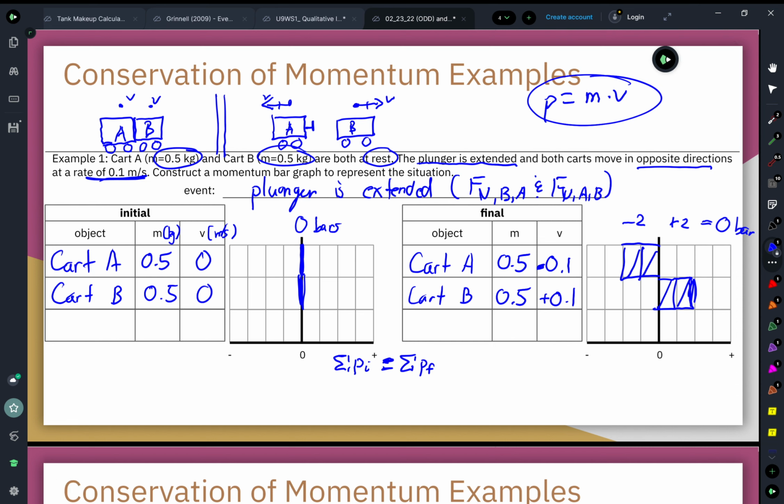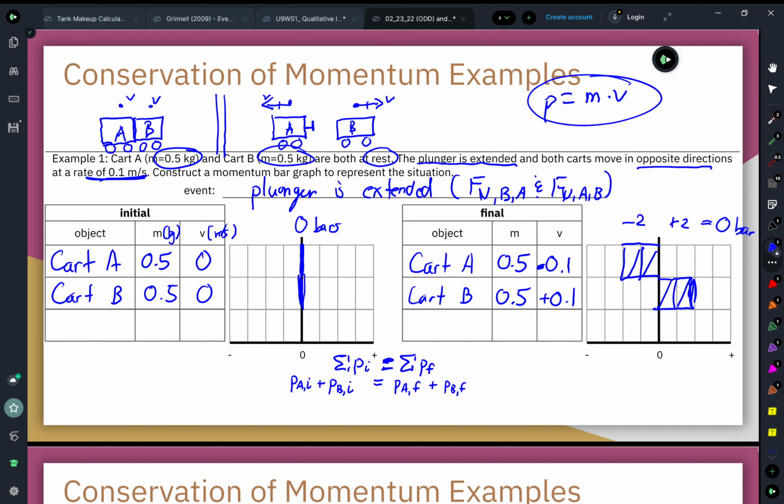If we're actually going to be writing that out in terms of individual momentums, it's the momentum of cart A at the beginning plus the momentum of cart B at the beginning for the initial situation is equal to the momentum of cart A at the end, the final, plus the momentum of cart B at the end, or the final.